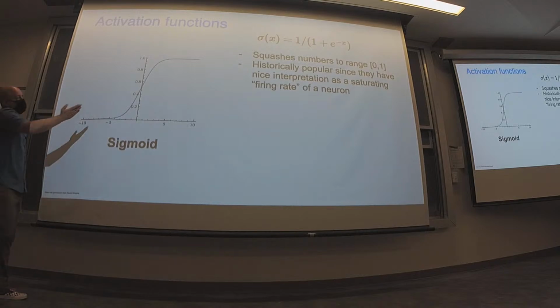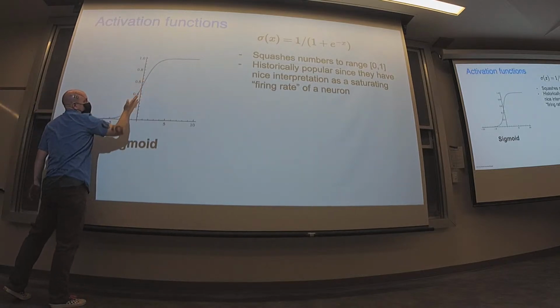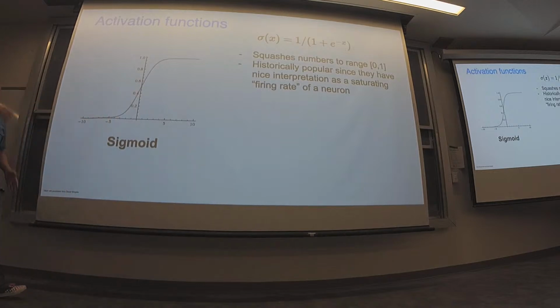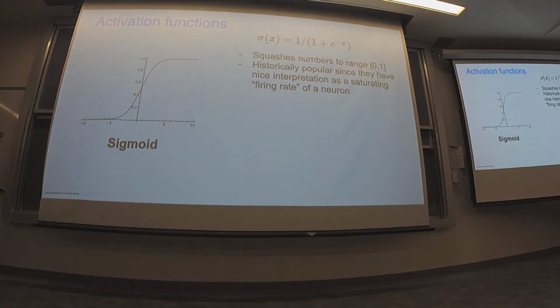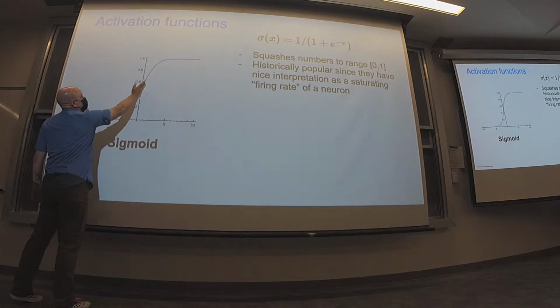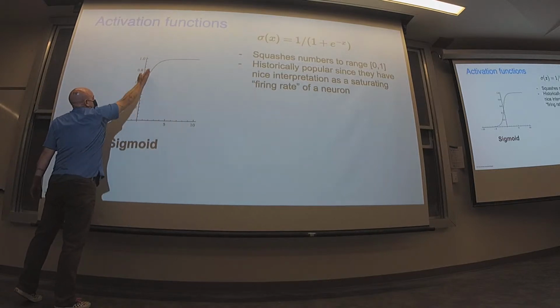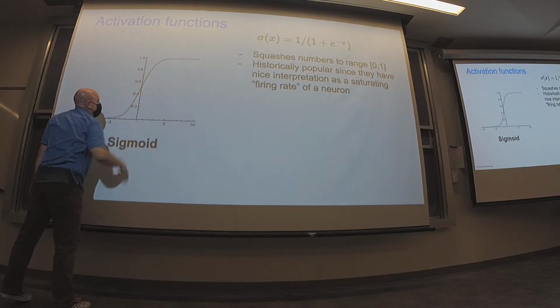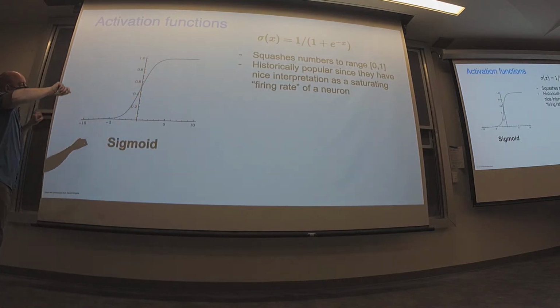Here in the middle of its range, it's mostly a linear function, right? Maybe not exactly, but locally here, this is acting more or less like a line. But as you move away from 0, you saturate. You saturate really quickly.